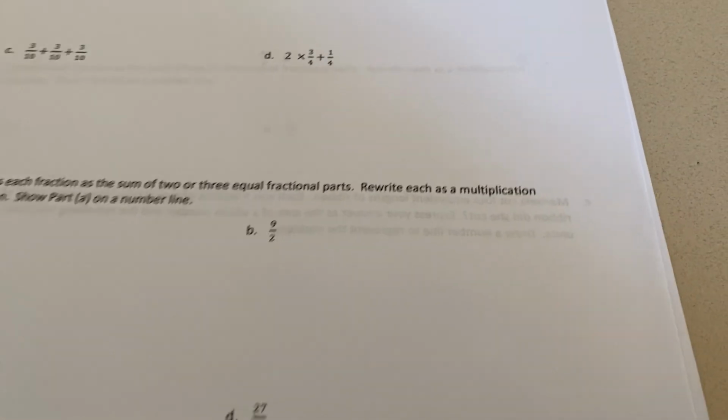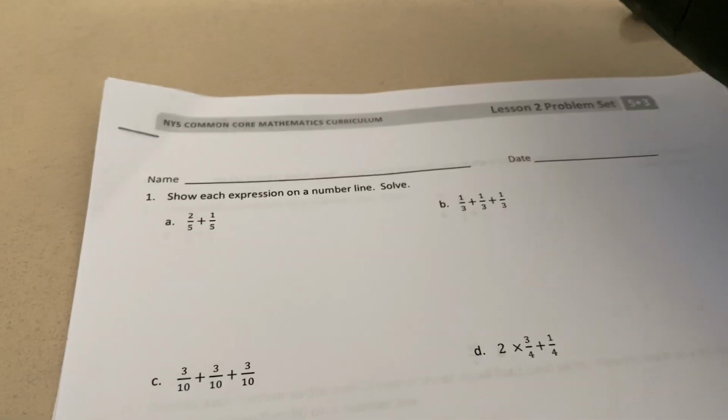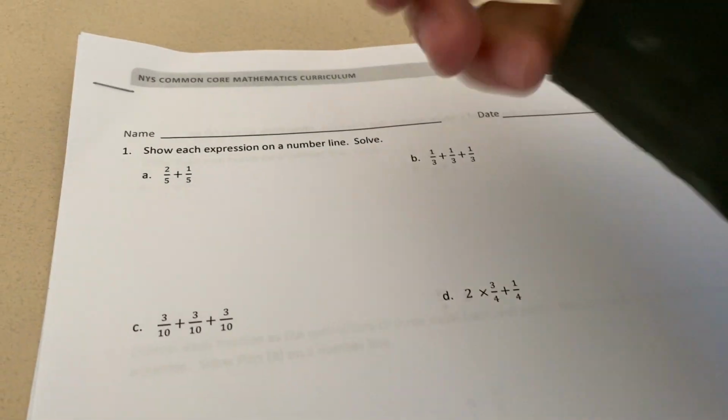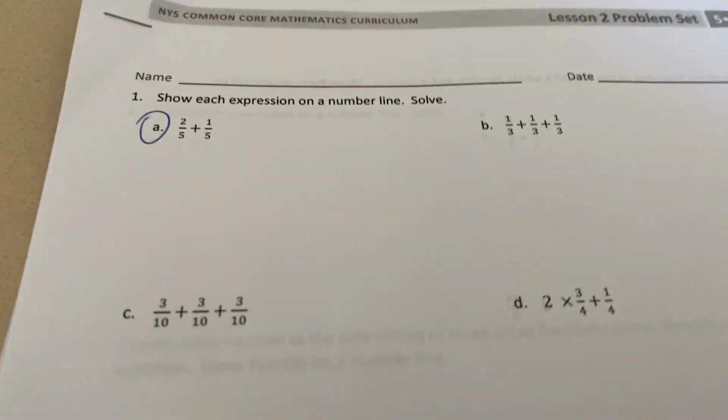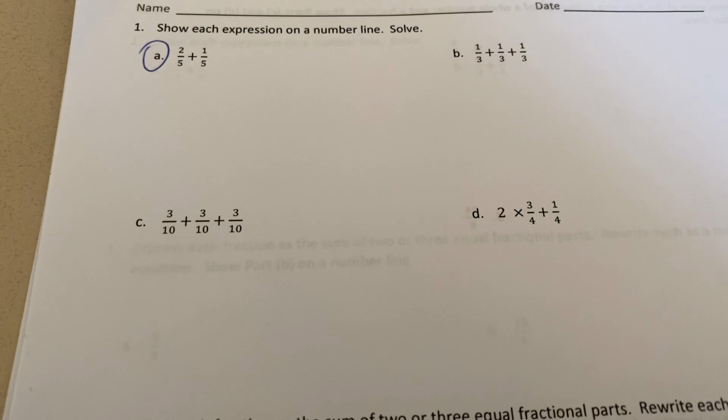So right now you should have this paper out. Or at least some types of these paper out. It is lesson 2. It should say 5-3 right here. And you should have anywhere between these pages, 35 through 39, okay? I want you to focus on these problems. You might have any word problems with fractions, but don't focus on the word problems right now, okay? Just focus on the regular problems.